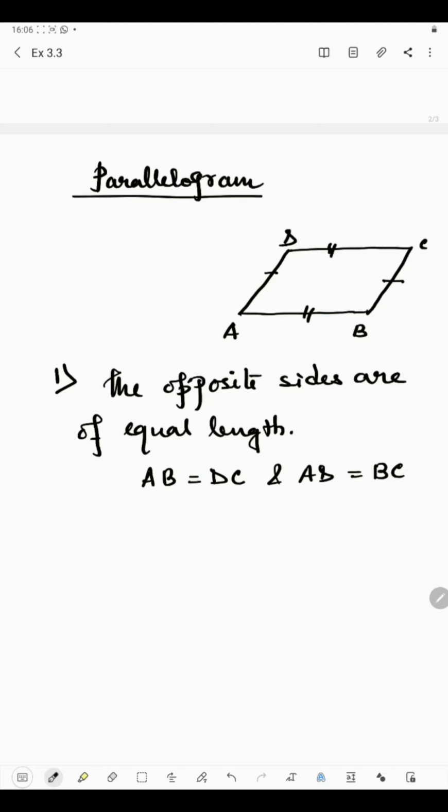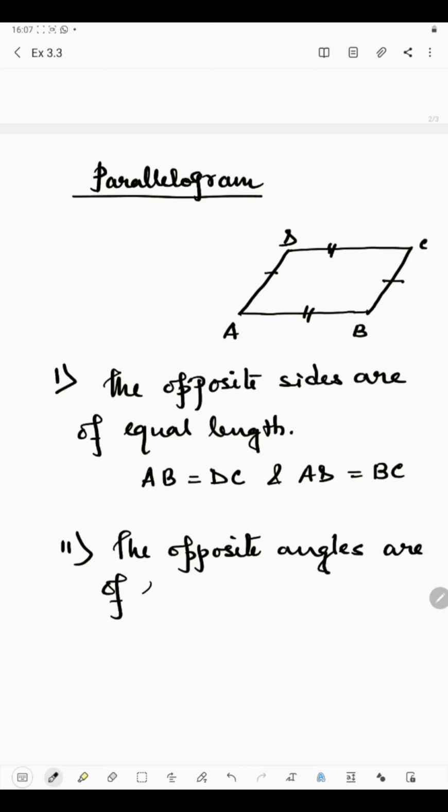Now coming to the next property, the opposite angles are also of equal measure. Opposite angles of a parallelogram are of equal measure.